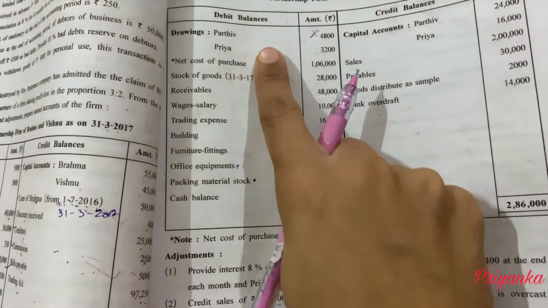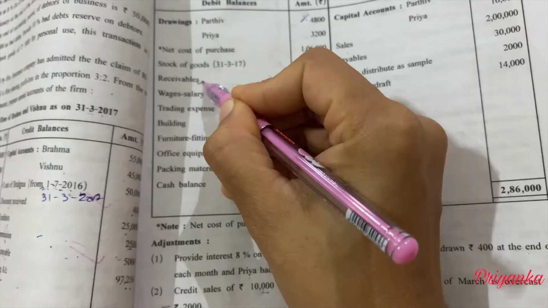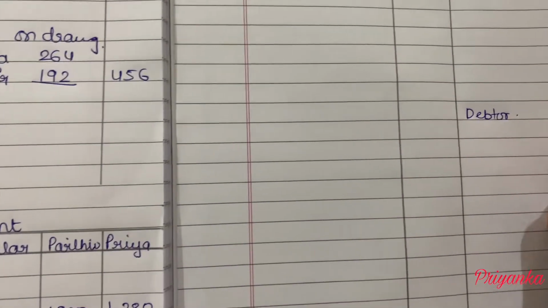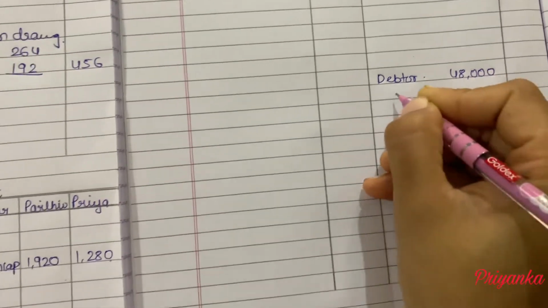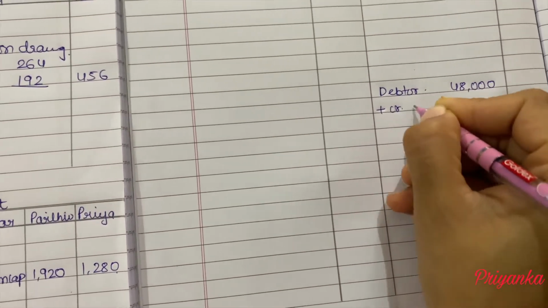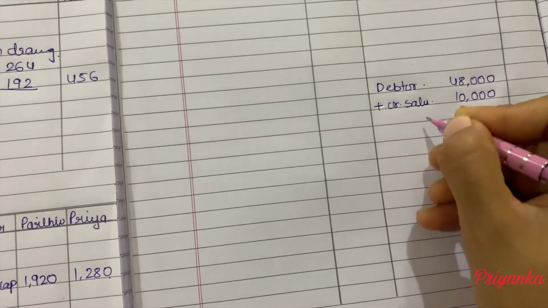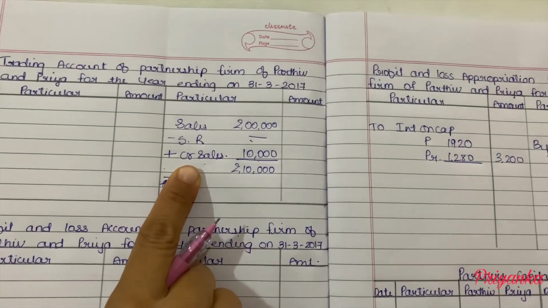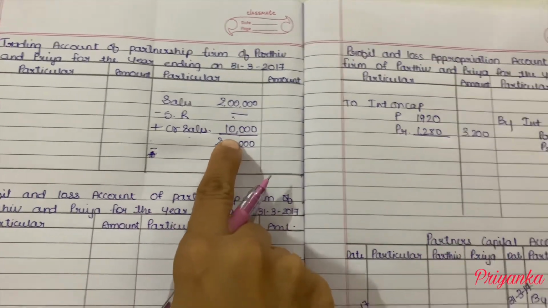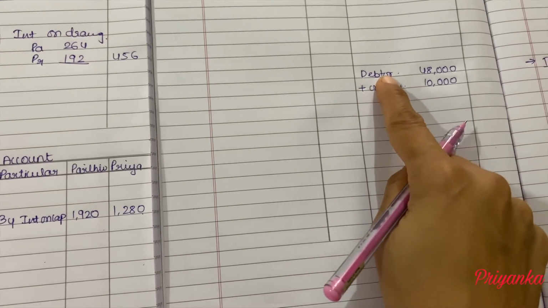For the debtor, take the amount of debtors from your trial balance. Here the debtor is 48,000. Just mark it and take it to your balance sheet, 48,000, and add your credit sales, that is 10,000. Then the remaining calculation will be done. But remember, whatever changes you make to the sales, with the credit sales, you have to add to the debtor as well, because the debtor is your customer.